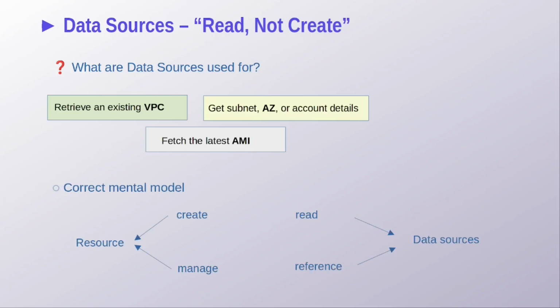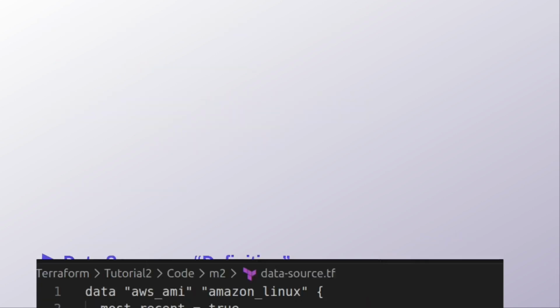Correct mental model, please remember this very clearly: resource, create and manage; data source, read only. Dependency rule: a resource can depend on a data source. A data source never depends on a resource. This rule is very important for correct design.